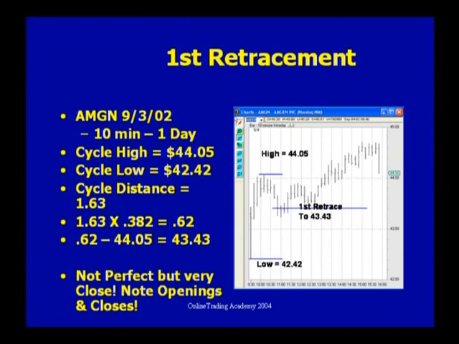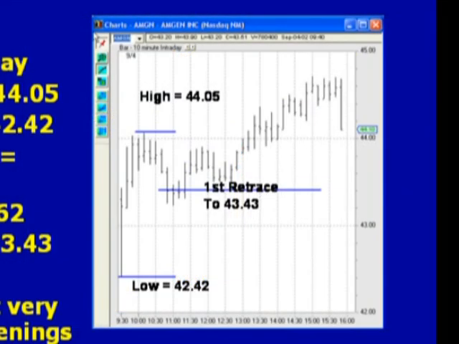Again, I go through the same litany. $1.63 times the 38.2 gives me 62 cents. The only difference here is last time I added it to the bottom, now I'm going to subtract it from the top. So 44.05 minus my 62 cents is a suggested support at about 43.43.